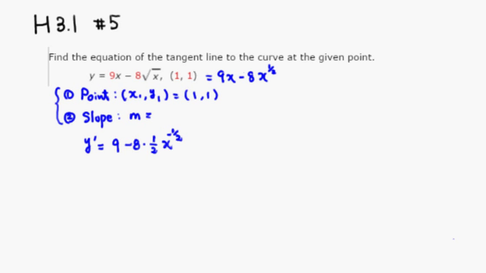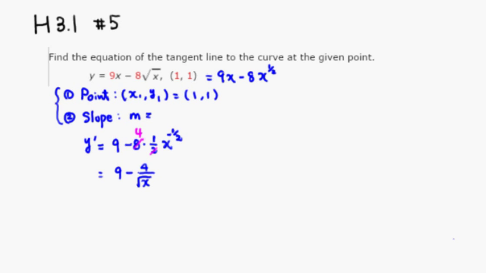Then we can cancel 8 and 2, and that'll be 4. So we can write this as 9 minus 4 on top. With the negative power, I'll put x on the bottom, and the 1/2 power is the square root.